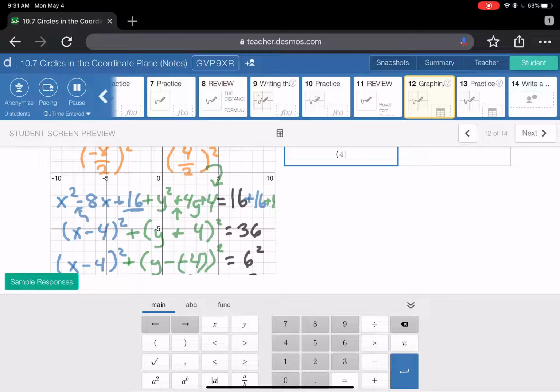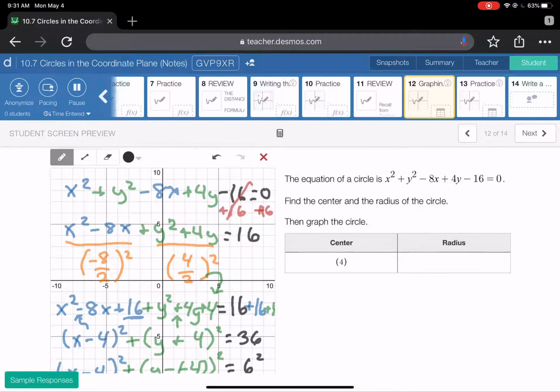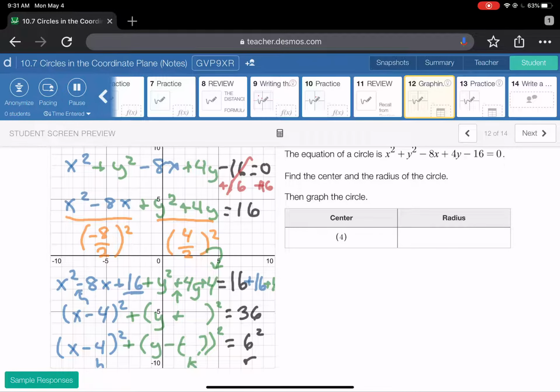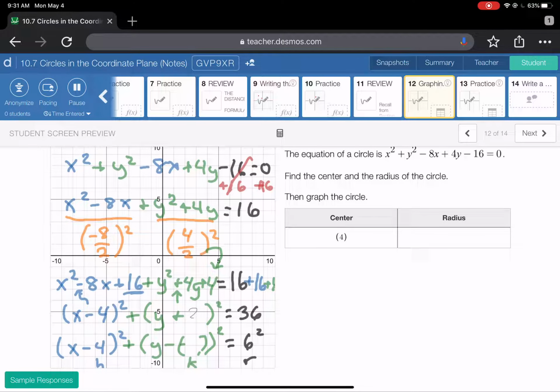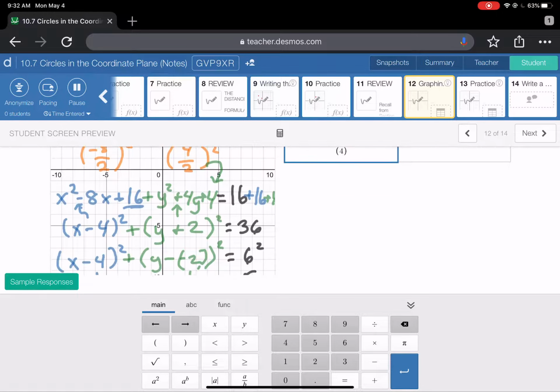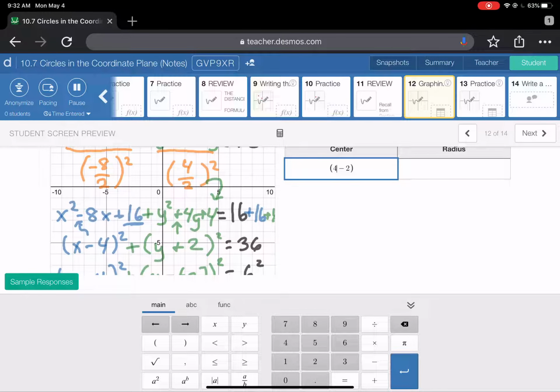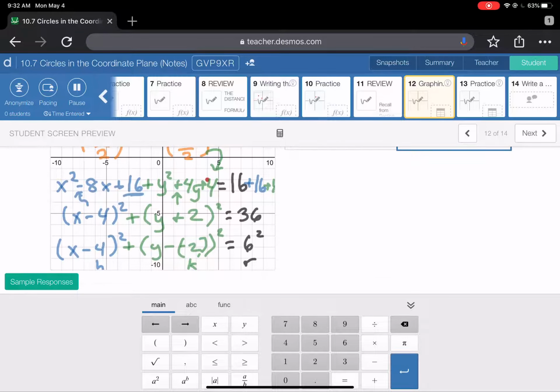Oh, there's a mistake. It's not a 4. It's a 2, because 2 is the square root of 4. So then our center is located at 4, negative 2. And the radius, we said, is 6.